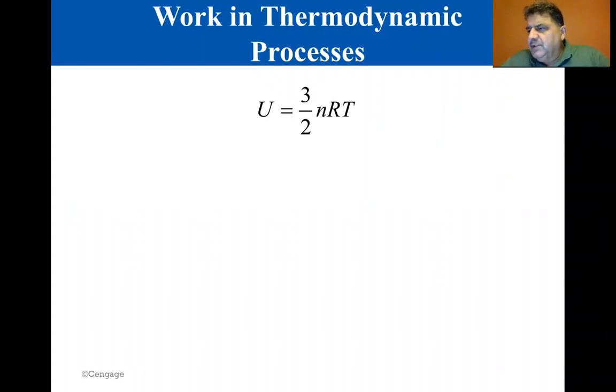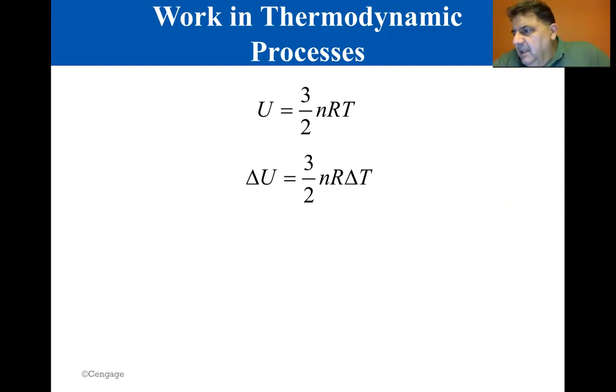You remember the expression shown for the internal energy of an ideal gas. This expression is valid only for a monatomic ideal gas, which means the particles of the gas consist of single atoms. The change in the internal energy, delta U, for such a gas is given by this equation. That's the change in the energy.